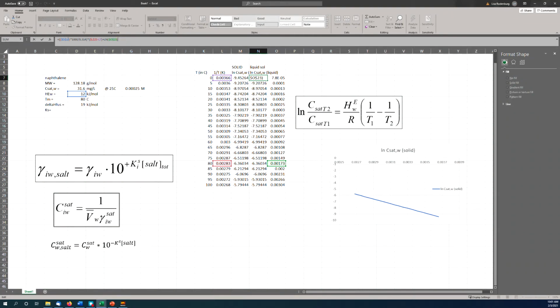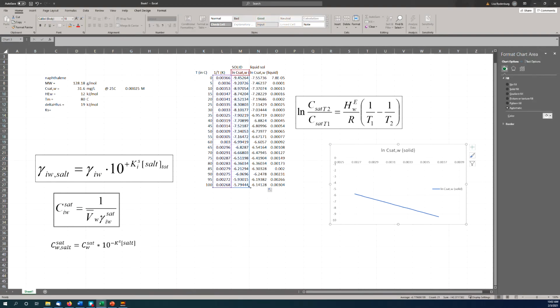So I've got the delta H times 1,000 divided by 8.314, times the difference in the reciprocal temperatures, where temperature 1 is now 80 degrees C, and this is temperature 2. And then here's my solubility at 80 degrees C. So now if I copy this down, double click, voila, and I could click on this and make this a little bit whiter. Bada bing, bada boom, baby.